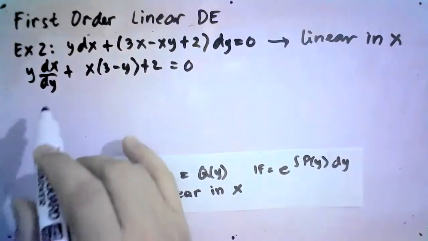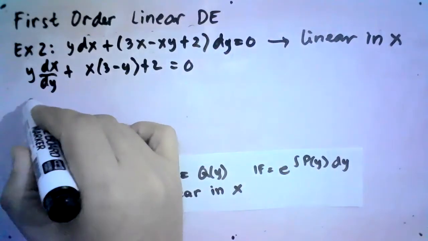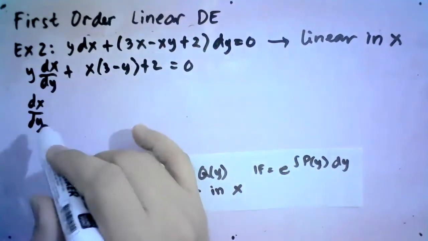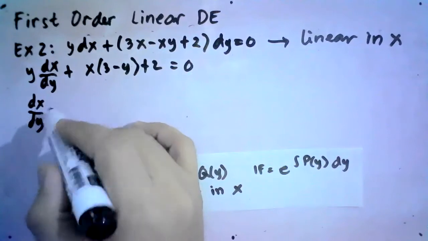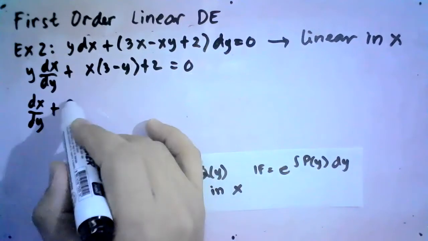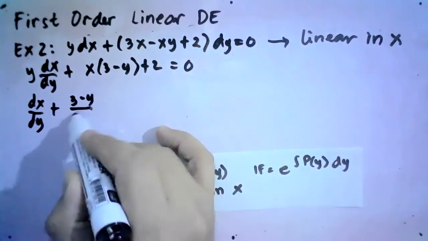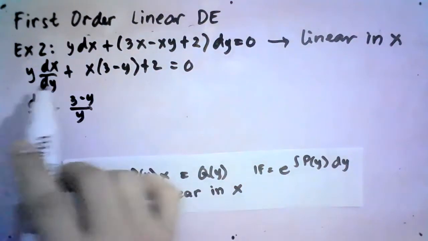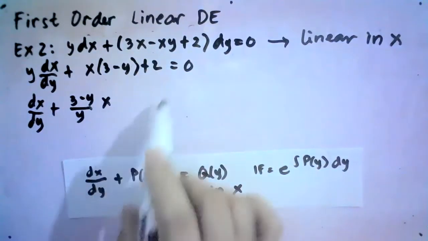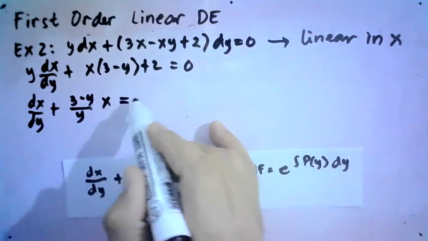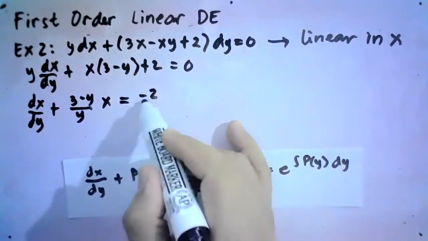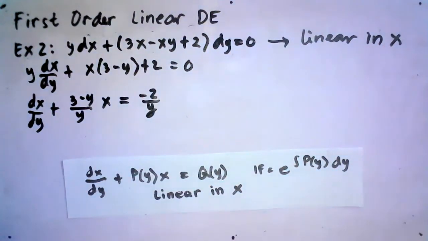That is dx over dy plus x times (3 minus y) over y, because we divide both sides by y. Then the 2 will be transferred to the other side, which becomes negative 2 over y, because we divide by y. Okay?